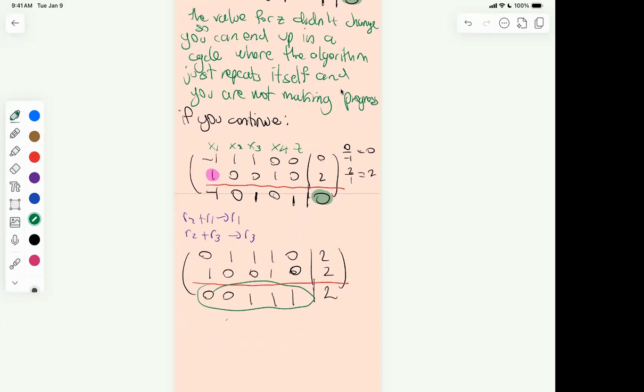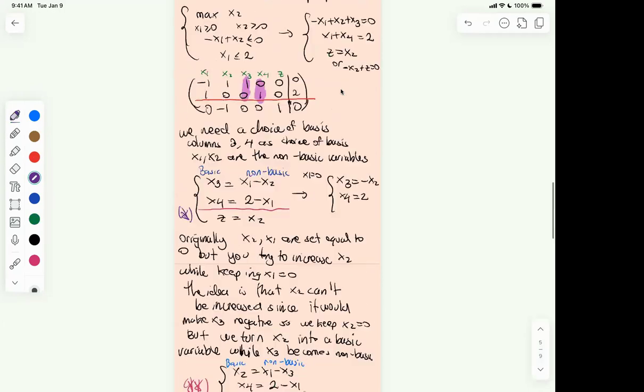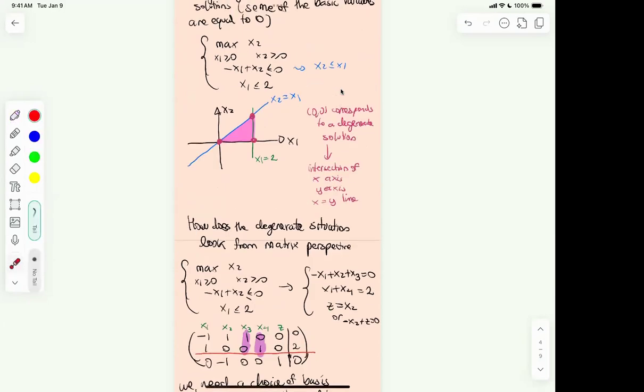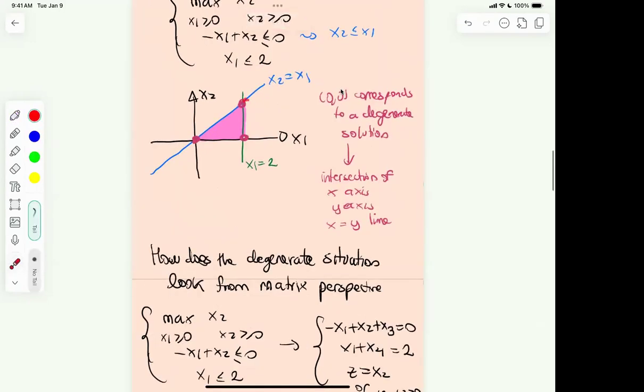So all positive, so terminate. And this is the max, which makes sense because if you go back to the triangle, you see that the max happens at this vertex, which is at height 2 because of how the inequalities work.